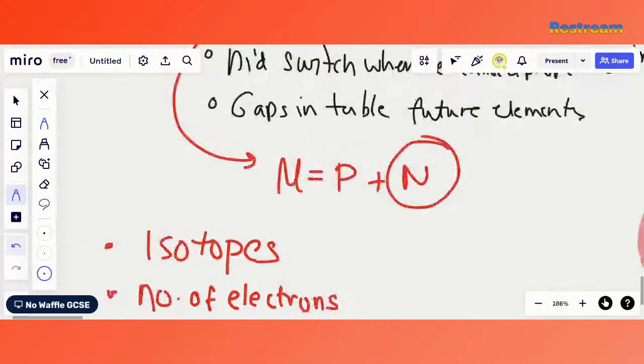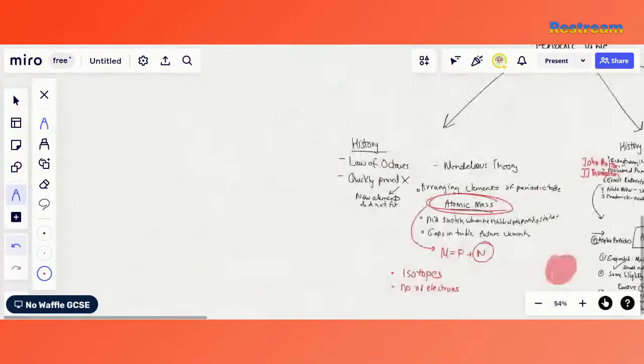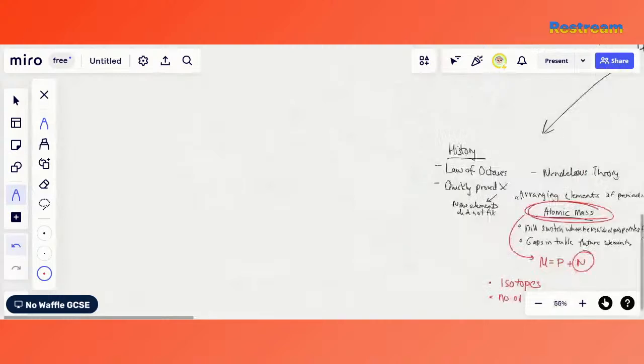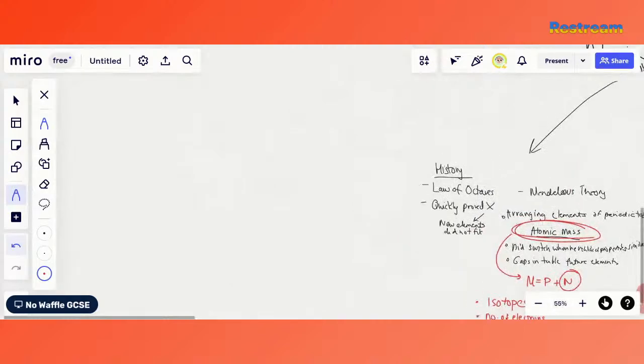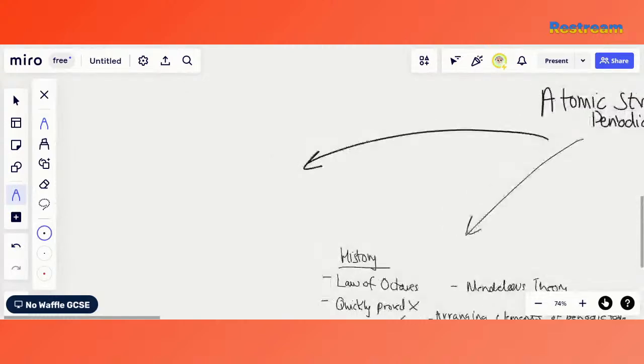Now talking about the modern periodic table, there are roughly 100 elements which are all made from different things. So it's important to note that elements with similar properties form columns.